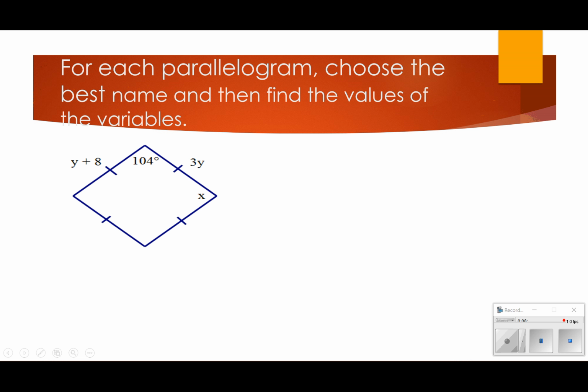All right, so for each parallelogram, we want to choose, again, same thing, best name and find the values. So right now we've got the markings to say that all of my sides are congruent. Okay, so we know that at the very least it's going to be a rhombus. And we should know right off that yes, it's probably going to be a rhombus because this angle is 104, which means this angle is going to be 104.